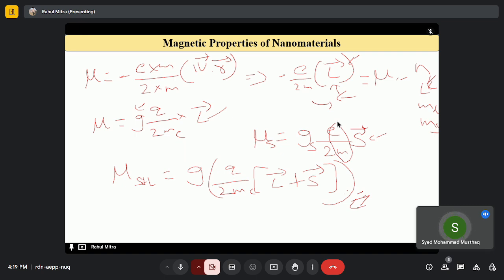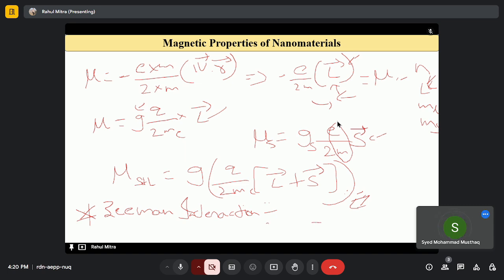Now there is another thing that we are missing, that is the Zeeman interaction. What is Zeeman interaction? Zeeman interaction is nothing but the interaction of a magnetic spin, or the spin of an electron, with the external magnetic field.